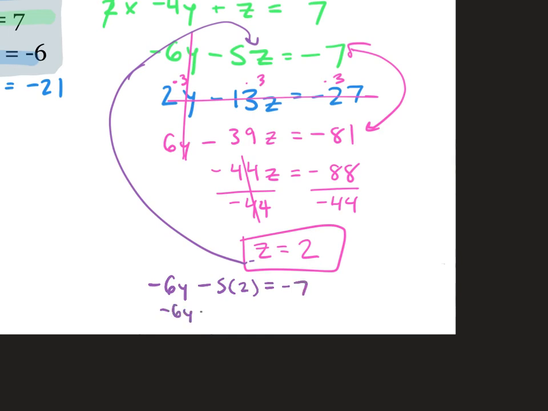Negative 6y minus 10 is equal to negative 7. Add 10. So negative 6y is equal to 3. Divide by negative 6. What do we get for y? Negative 1/2.